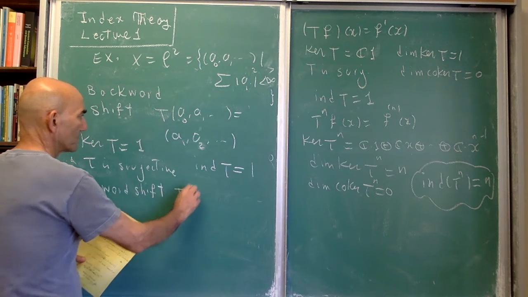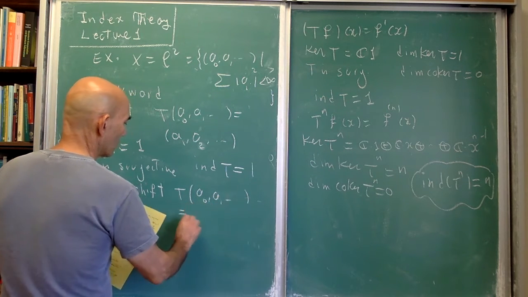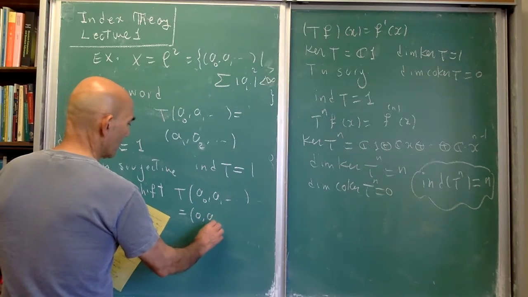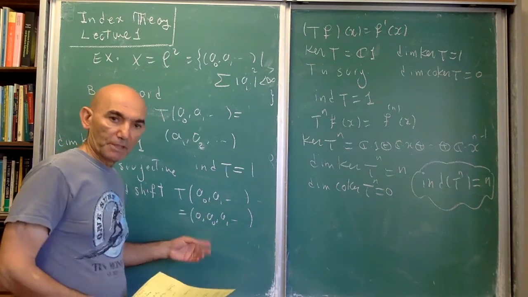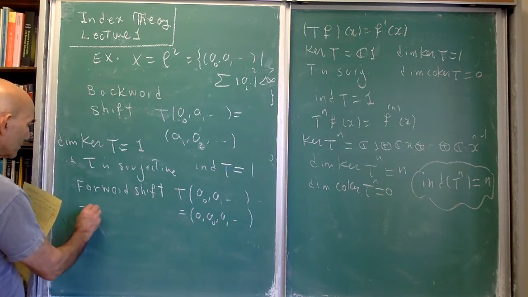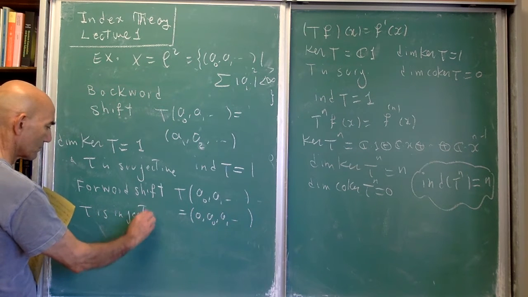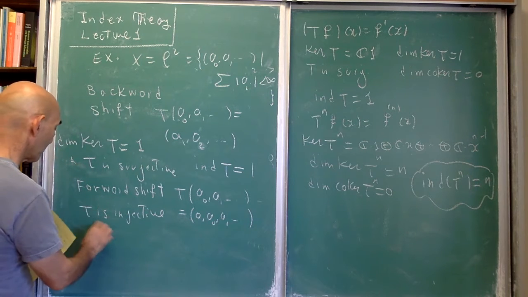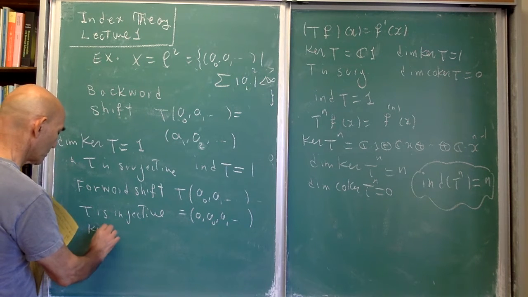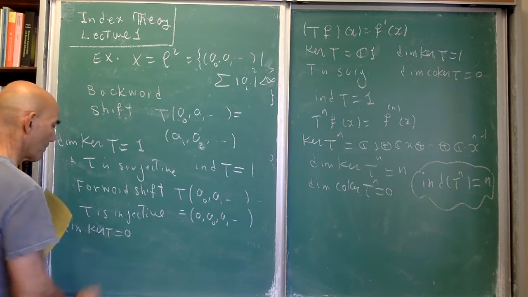So in this case, T of (a0, a1, ...) is equal to (0, a0, a1, ...). Now this operator is obviously injective. So the kernel of T is 0, so the dimension of the kernel of T is 0.